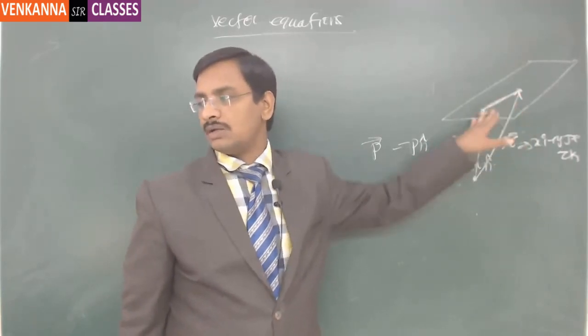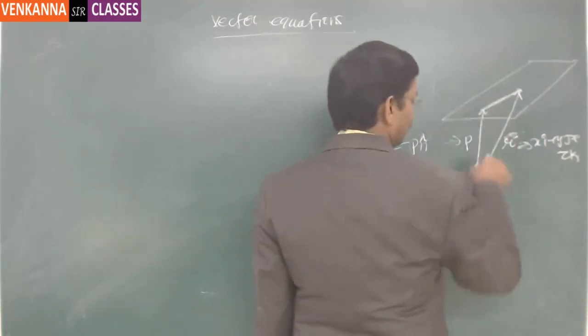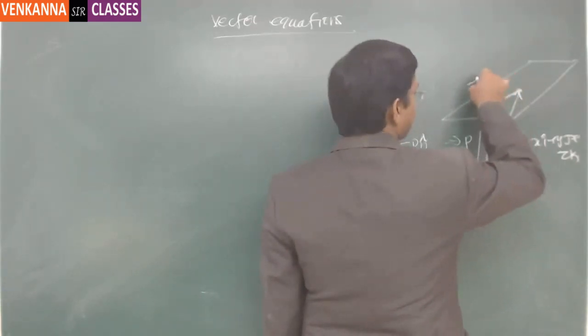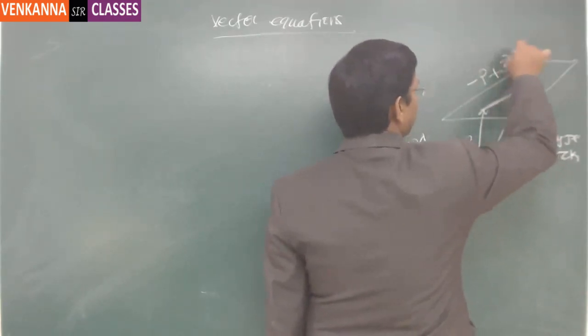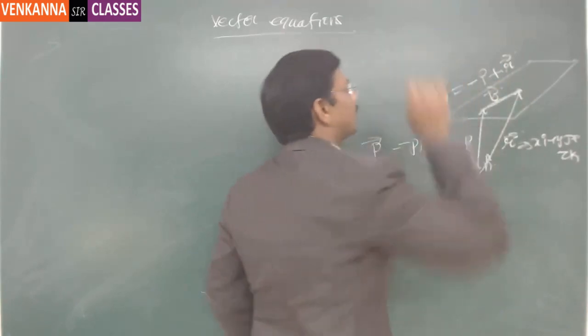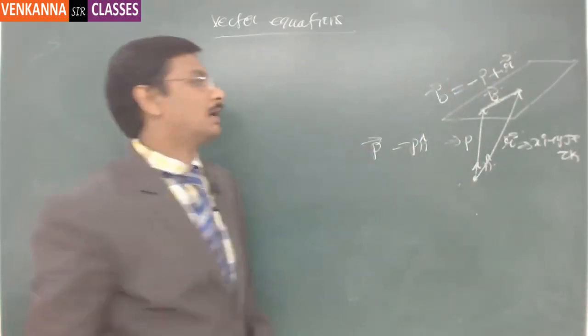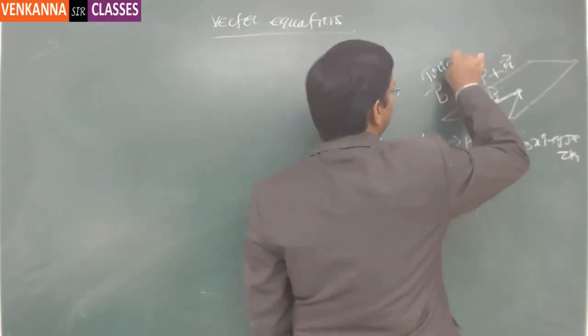Now this vector is nothing but the difference of these two, that is, minus P plus R. I call this vector B. So B vector is minus P plus R, which is nothing but the triangular law of vector addition.